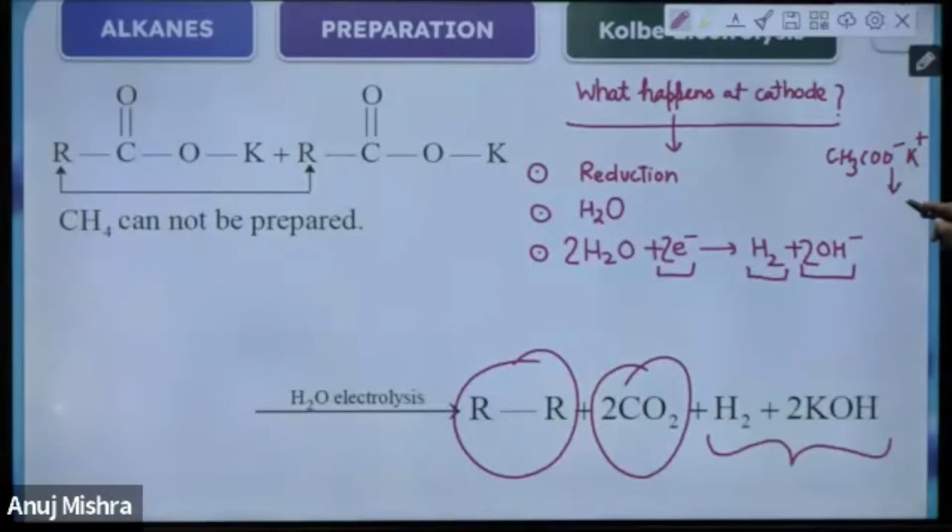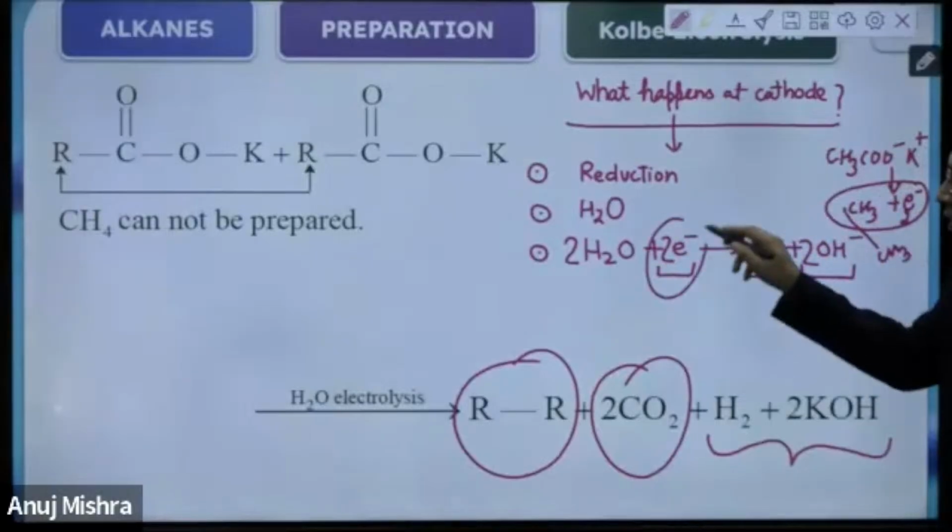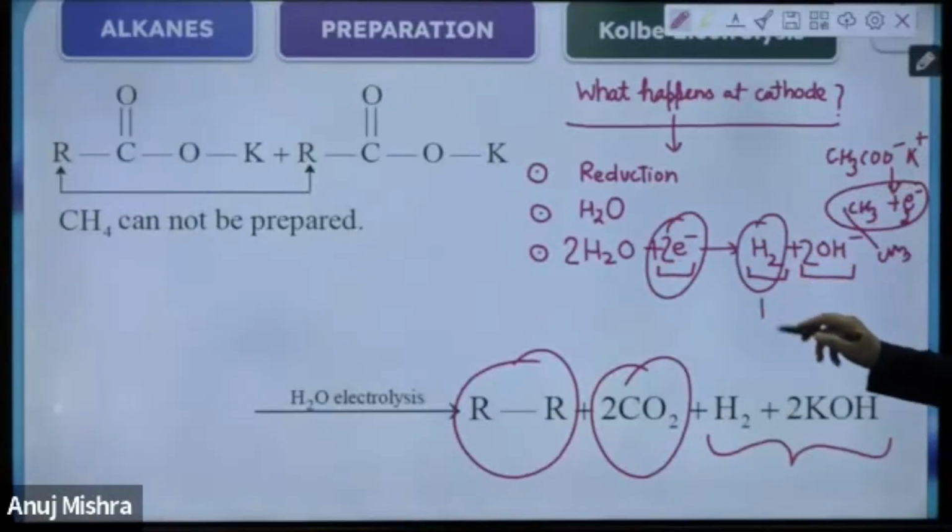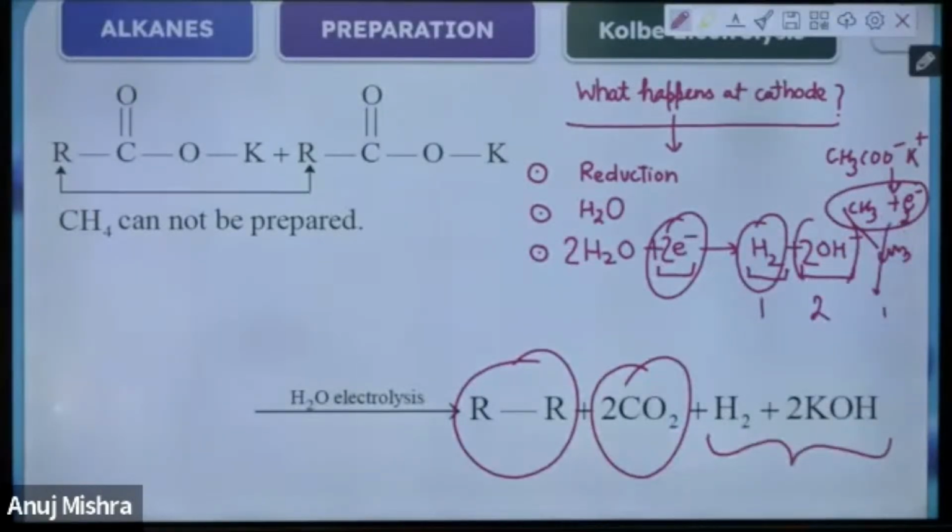In this question, we had 1 mole of electron for 1 CH3 radical. Do you remember this mechanism fully? We did it a little while ago. So for 2 moles of electrons, you get 1 more CH3, as in you get C2H6. That means 2 moles of electrons will give you 1 H2, 2 OH, and 1 C2H6. And how much CO2? 1 CO2 will become 2 CO2.